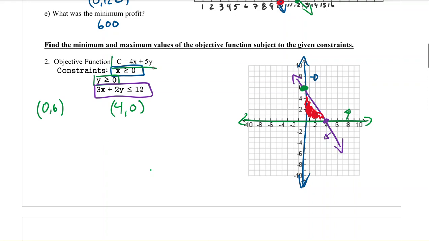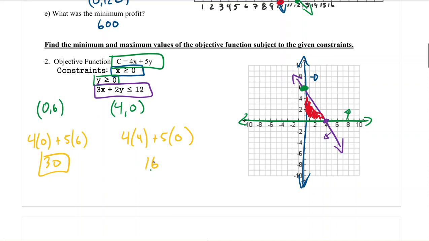So we're going to plug those into our objective function. So 4 times 0 plus 5 times 6 makes 30, and 4 times 4 plus 5 times 0 makes 16. So our max was at 0, 6, and our min was at 4, 0.